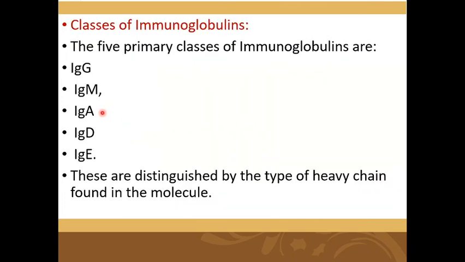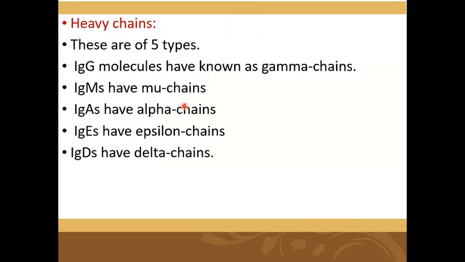There are 5 types of immunoglobulins: IgG, IgM, IgA, IgD, IgE, and they are distinguished by the type of the heavy chains which are present in them. IgG molecule have gamma chains, IgM have mu chains, IgA have alpha chains, IgE epsilon chains, IgD delta chains.